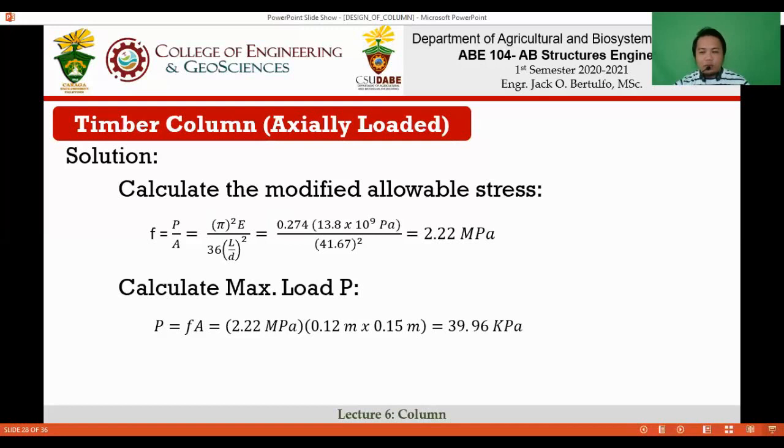Then calculate the maximum load for that problem. There are also many other problems where you need to design. What would be the size? Then it's a function of the area, so you need to manipulate the equation, but the equation will revolve similarly to this.